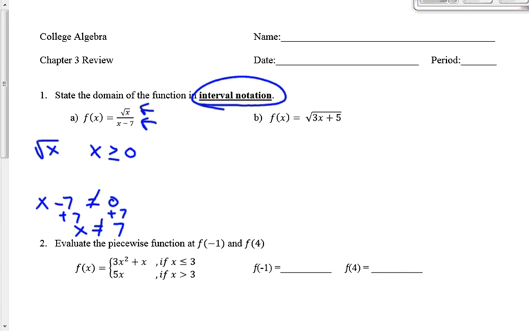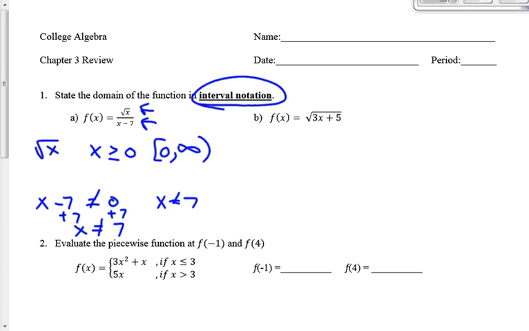So individually, the domain for the square root of x is from 0 to infinity. And it looks like that. For x minus 7, it's saying that x cannot equal 7. Well, 7 is between 0 and positive infinity.